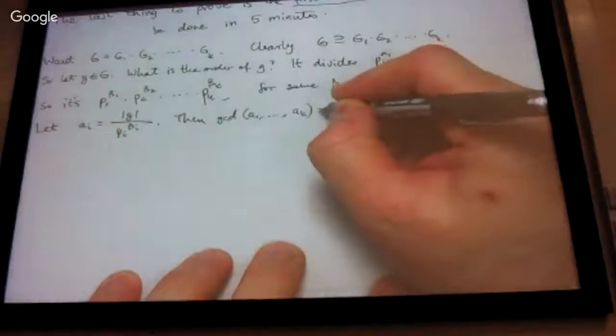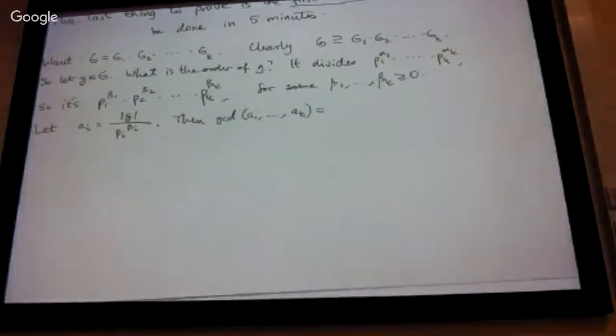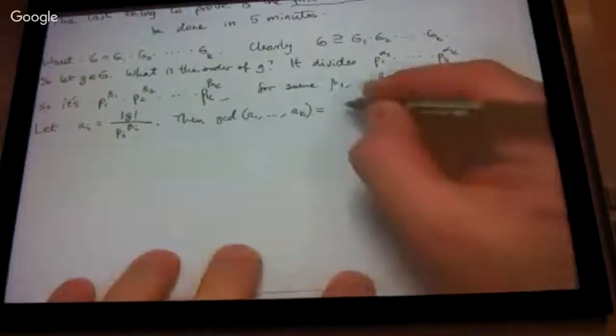So they have no prime in common, these Ai, because if you wanted to take the GCD, it would have to be divisible by a prime, but there's no prime that divides all of these Ai, because there's always one missing in each of them. So the GCD can't be anything else than 1.